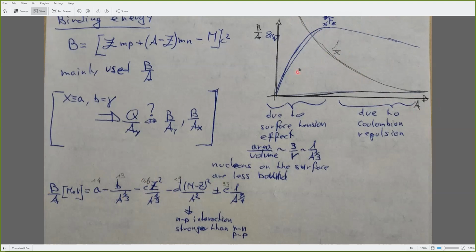This shows that from a certain point, like here, the decrease starts to be more or less constant, but still the binding energy increases constantly with the number of nucleons. It is always increasing, but increases less than the number of nucleons, so I have this decrease here.